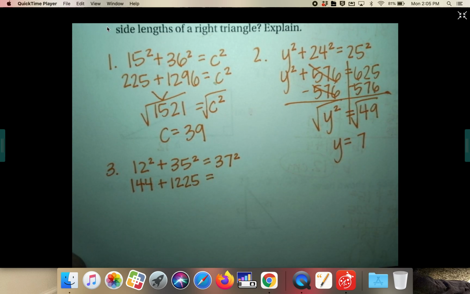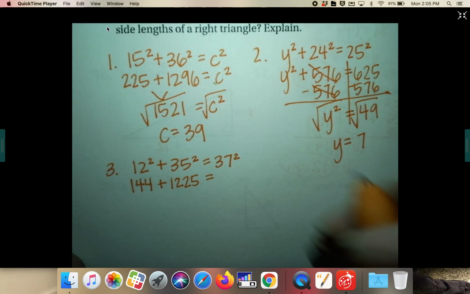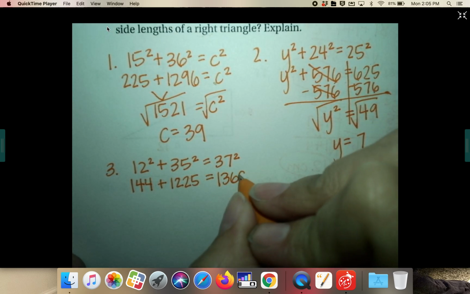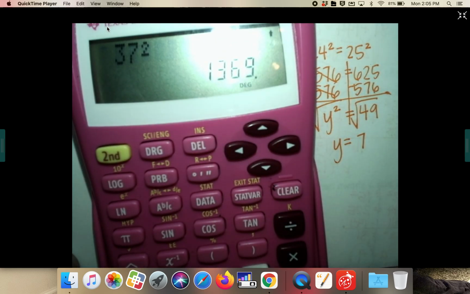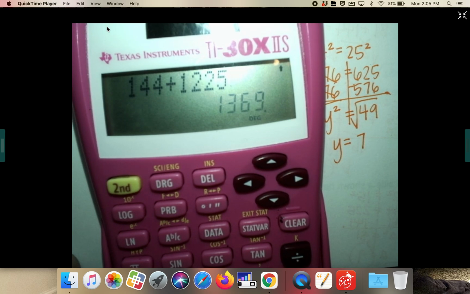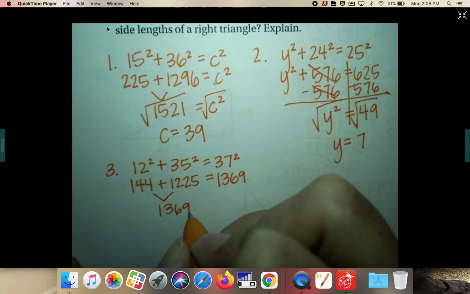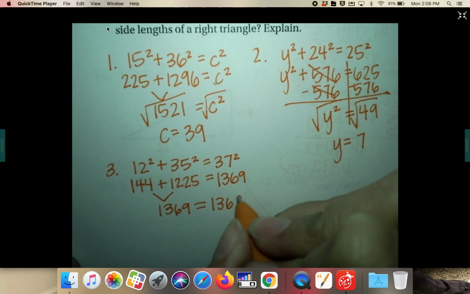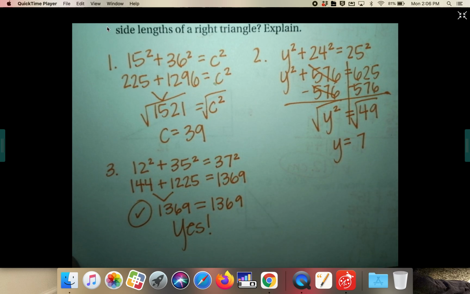And 37 squared is 1369. So let's see if when we add these two, it exactly equals the other. So 144 plus 1225 does equal exactly 1369. These do equal each other, which means the answer is yes. This is going to be a right triangle.